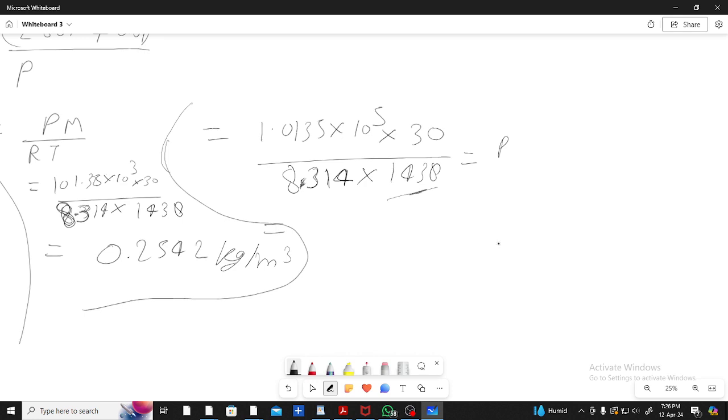Okay, so you are saying 8314 into 10 to the power. No, sir. What I am trying to say is, if you convert all this into either Newton or joule.